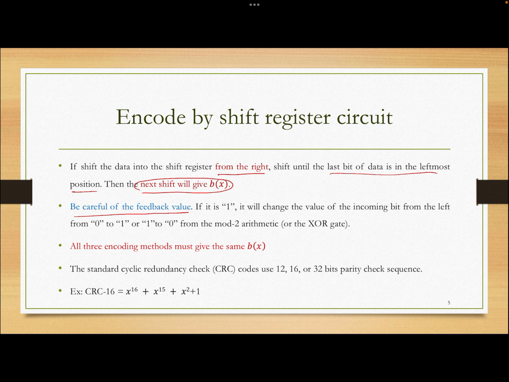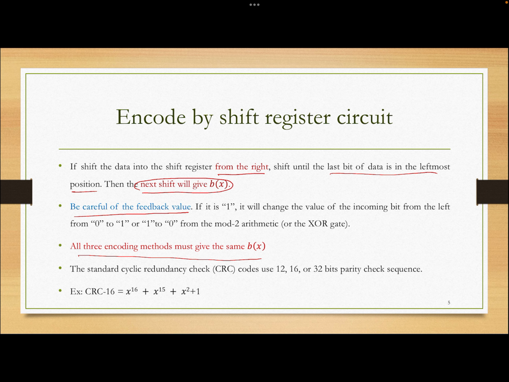And all three methods must give the same b(x), so you can practice by yourself. You use different data and encode it with modulo 2 arithmetic, and then you try it with the shift register circuit, and it must give you the same answer if you do it correctly.